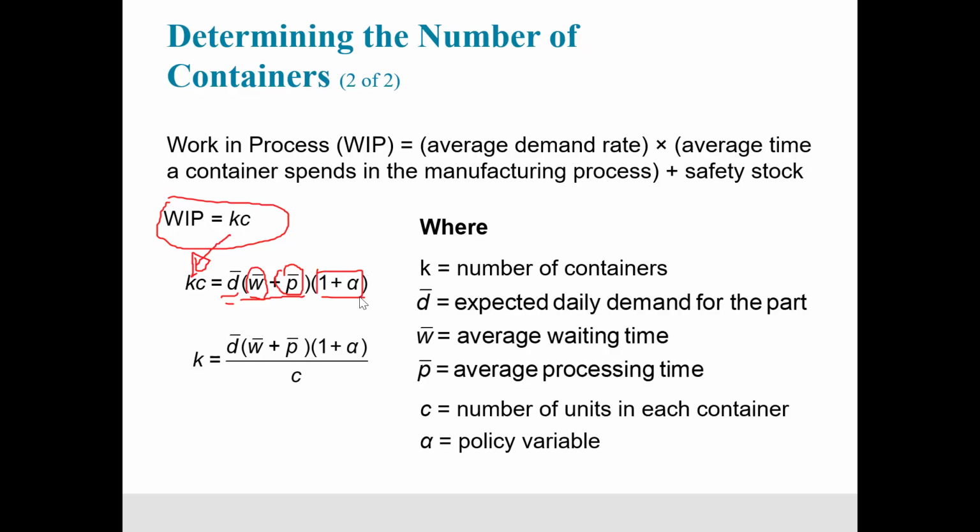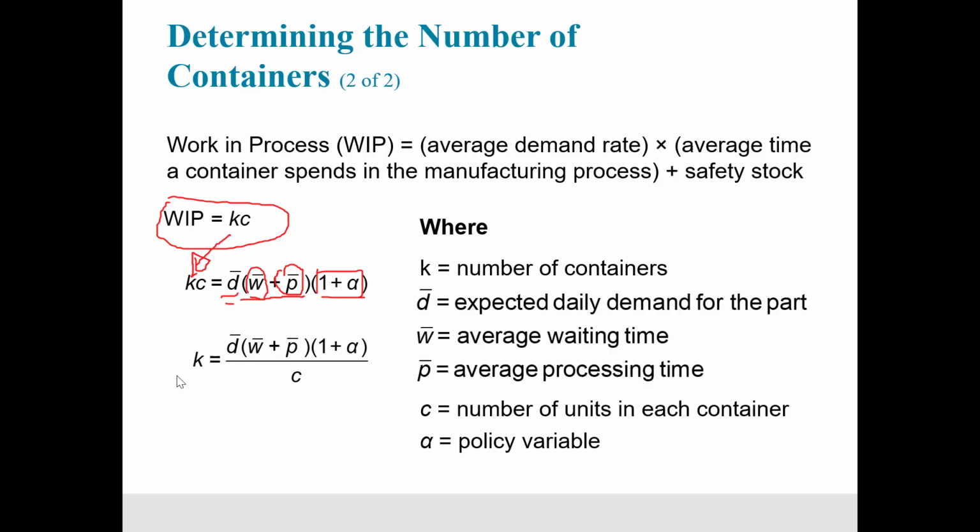So that leads to a formula that we can use to figure out what our total work in process is going to be. A variant of this question, the type of question you'd experience here, would be how many containers a given plant or factory needs to get through a given workday.